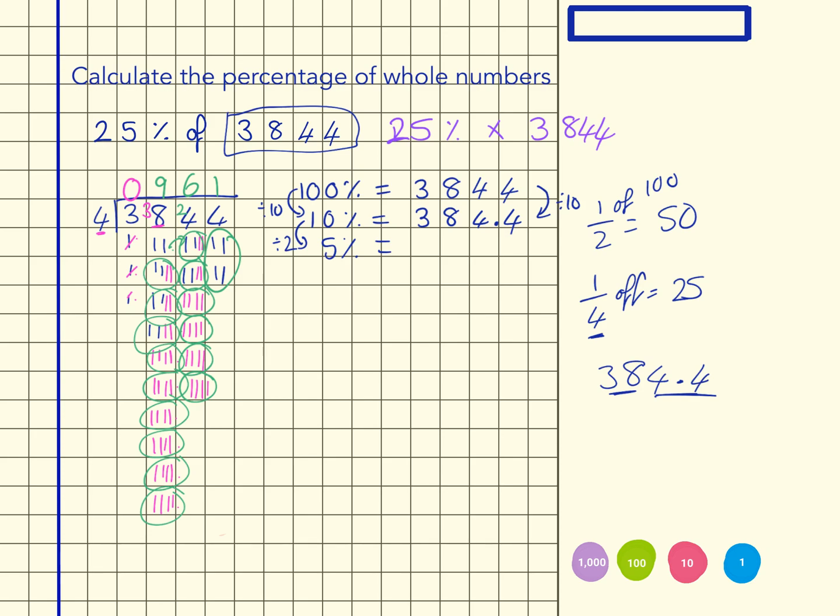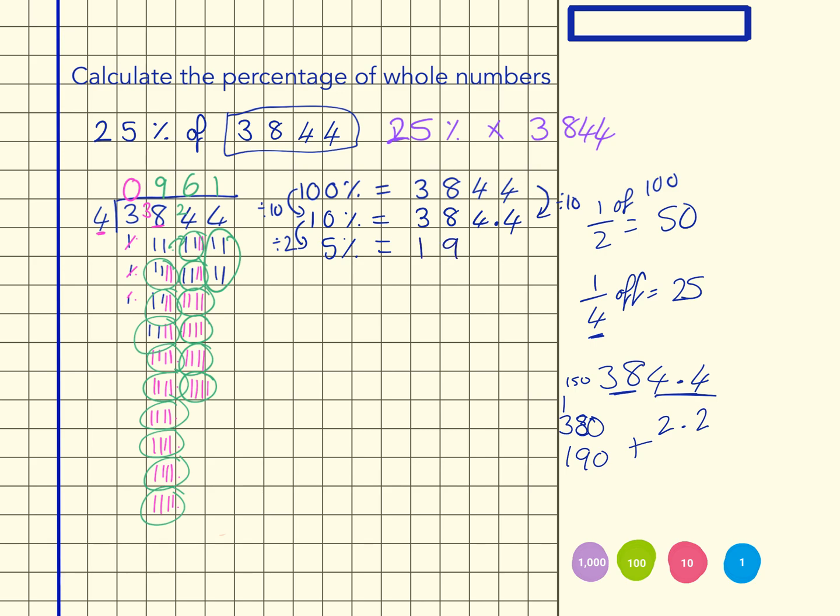First of all, half of 4.4 is going to be 2.2, and here it's not 38, it's 380. Half of 380 is half of 300, which I know is 150, plus half of 80, which I know is 40. If I put those back together, I end up with 190. I then add these back together, so I've now got 192.2.